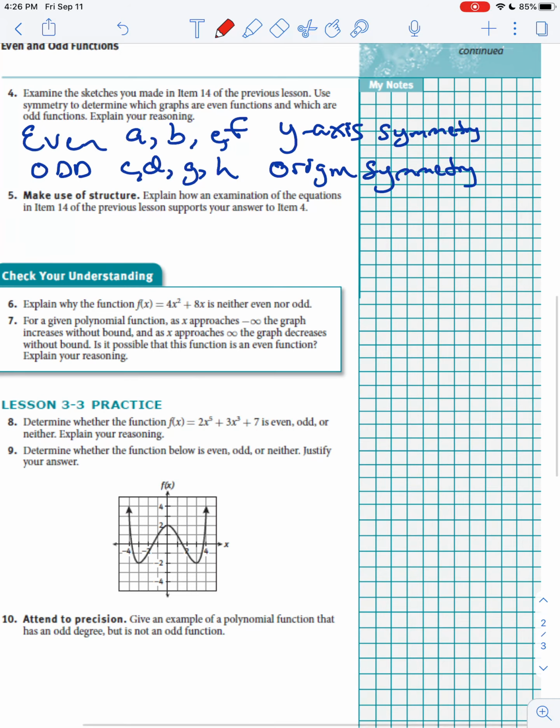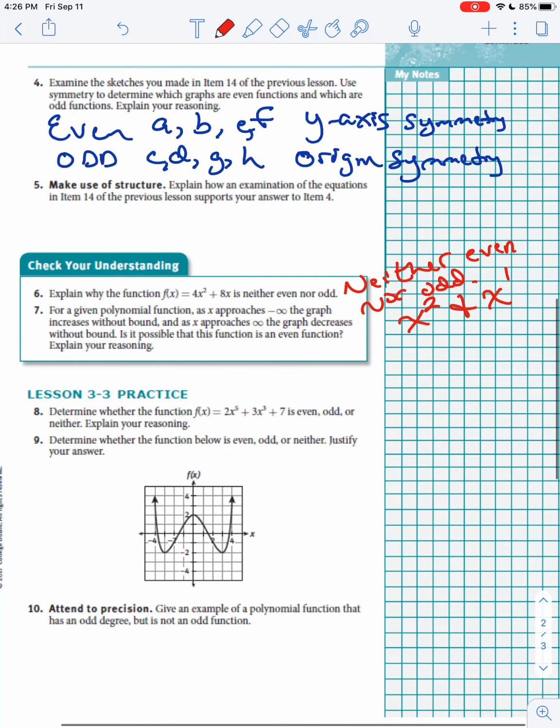So for number 6, it is going to be neither even nor odd, because we have both an x to the second and an x to the first. In order to be even, you have to have all even exponents, or all odd exponents for odd. But if you have a mixture like we do on number 6, then you have neither.